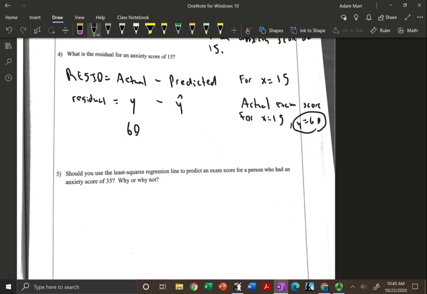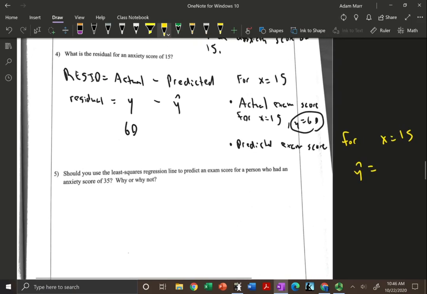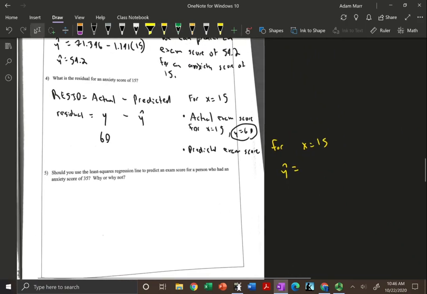Now, secondly, we need to get our predicted exam score for x equals 15. We're going to use our least square regression line equation.